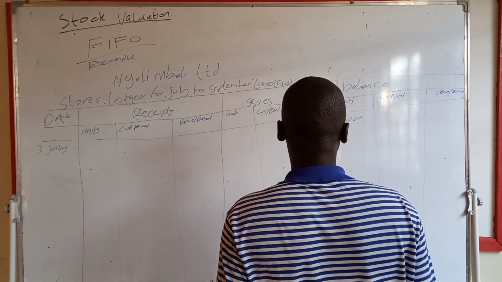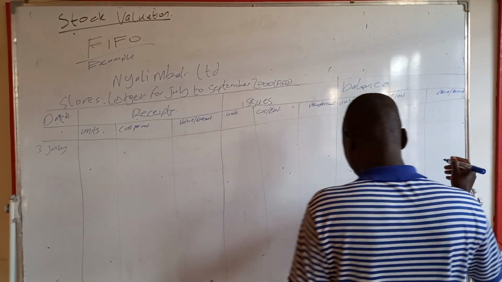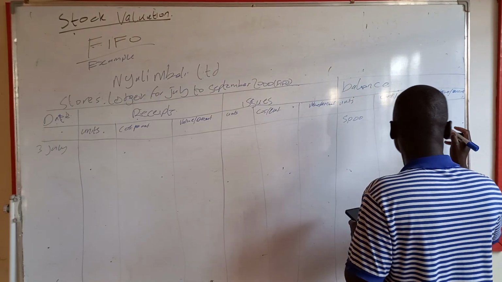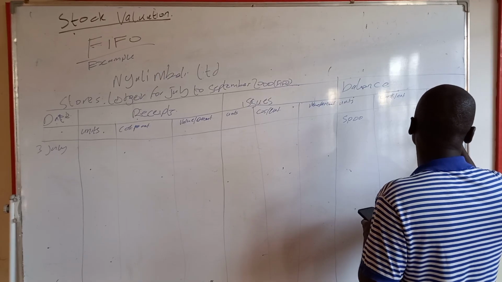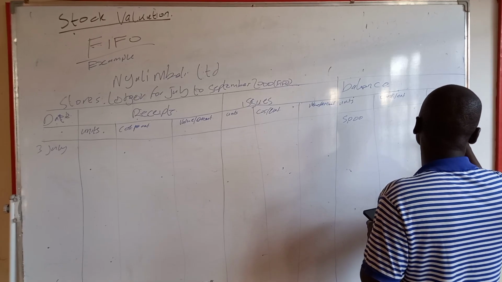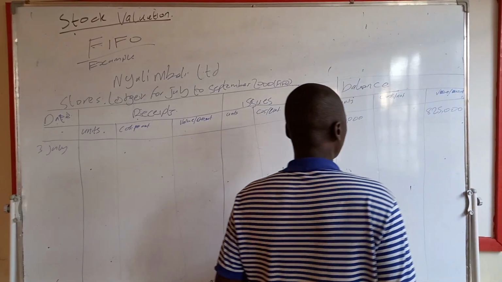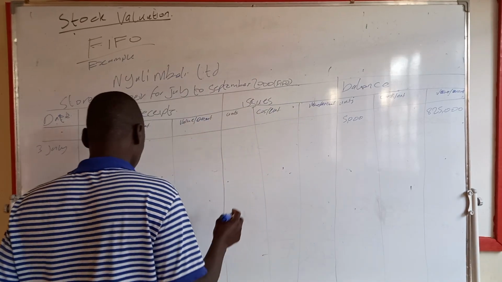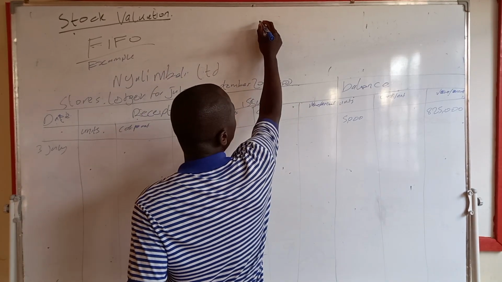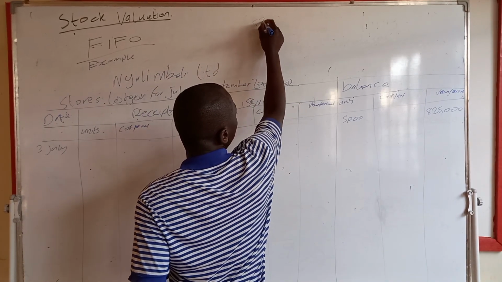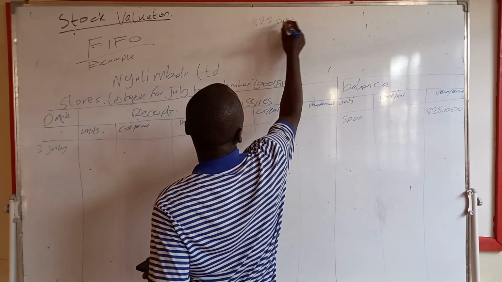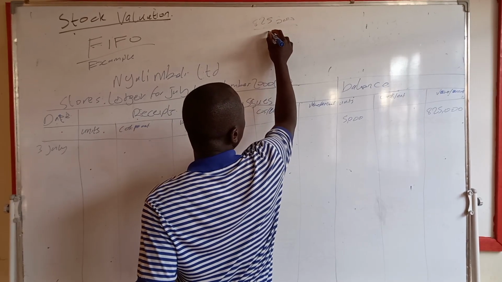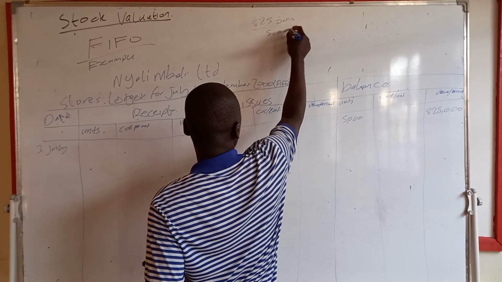5,000 units. Cost per unit, we are going to find out, but the value is 825,000. So value per unit will be simply 825,000 divided by 5,000.